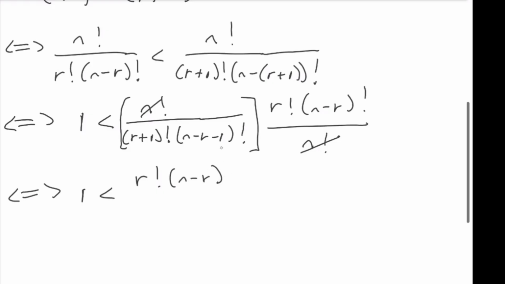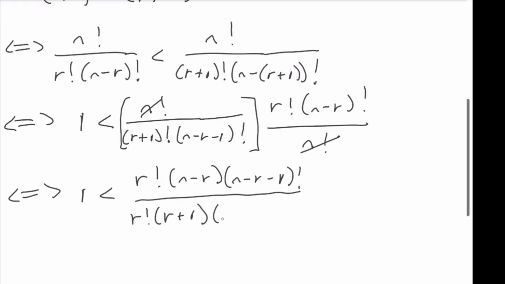And I can rewrite (n minus r) factorial as (n minus r) times (n minus r minus 1) factorial over, and then I'm going to want to rewrite (r plus 1) factorial as r factorial times (r plus 1). And then I have the (n minus r minus 1) factorial.